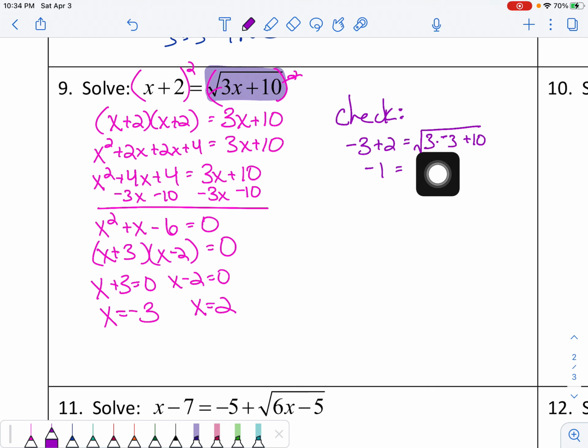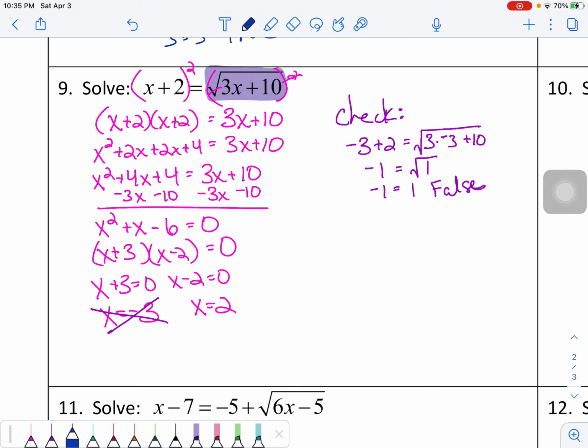Now, inside the radical here, I've got 3 times negative 3, which is negative 9. Negative 9 plus 10 would be 1. So with the square root of 1, I get negative 1 is equal to, well, the square root of 1 is 1. That is a false statement. 1 does not equal negative 1. Because this is a false statement, negative 3 is not a possible answer. It's called an extraneous solution.